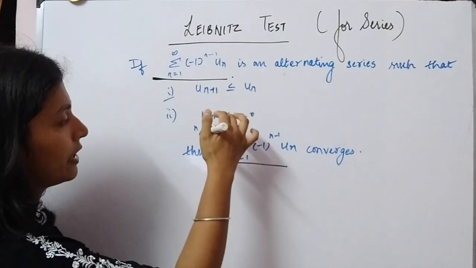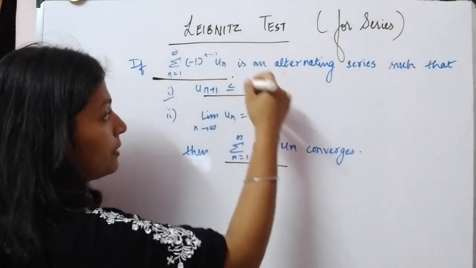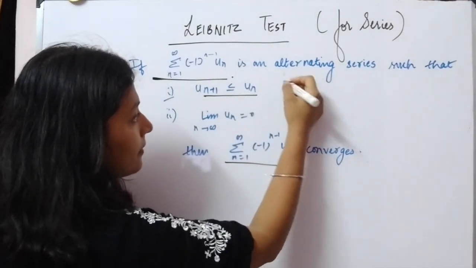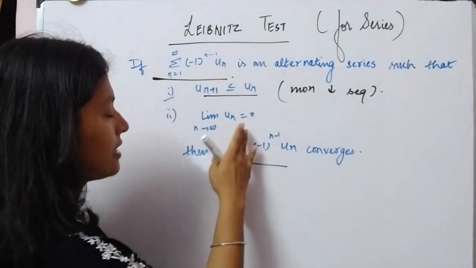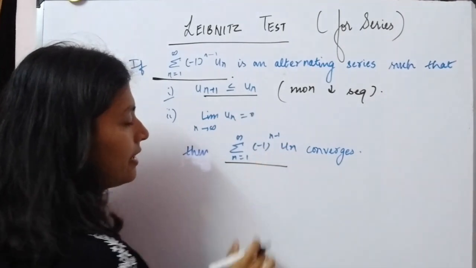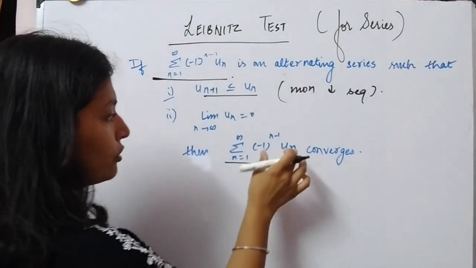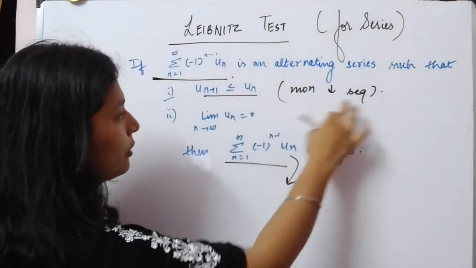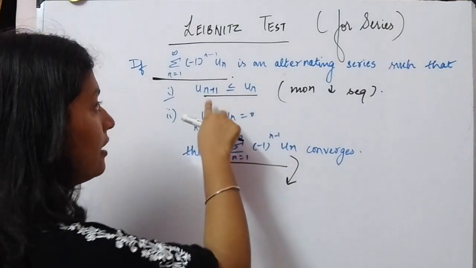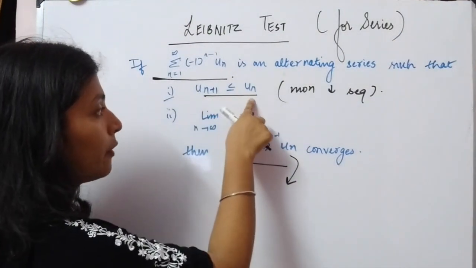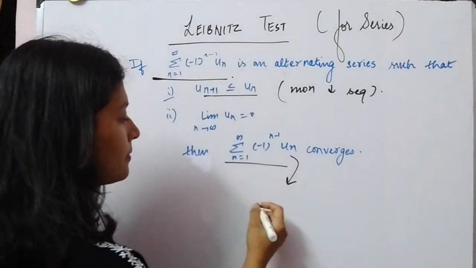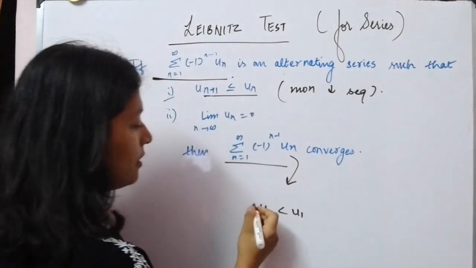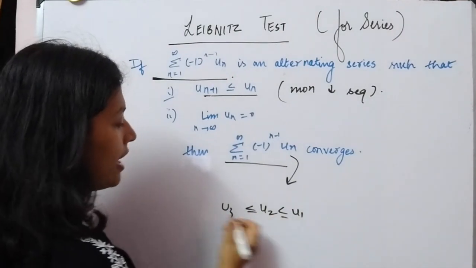And what are these two conditions? First, this should be a monotonically decreasing sequence. If you remove the sign of the series, we know that the nth term forms a sequence. So this nth term should form a monotonically decreasing sequence, that is, u2 should be less than u1, u3 should be less than u2, and so on.